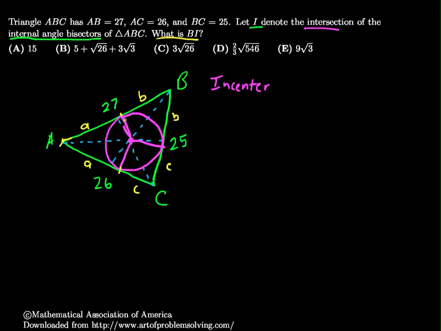Then we're going to find the radius of this circle using Heron's formula and an incenter radius formula that I'm going to explain next. And then the final thing, I'm looking for BI. I'm looking for this length right here, which is going to be the hypotenuse of a right triangle with legs B and this radius R. So that's our idea, that's our plan.